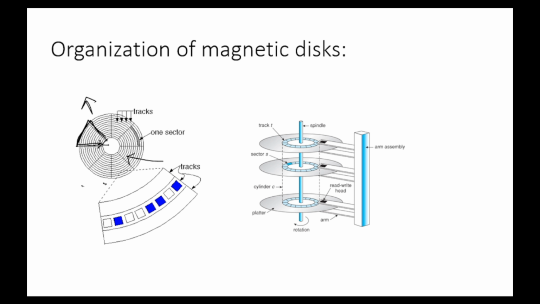If there are 8 such segments in the disk, each segment has 8 parts. Each such part, 1 2 3 4 5 6 and so on, is called a sector. Those were called tracks, whole tracks. This one is called a sector.